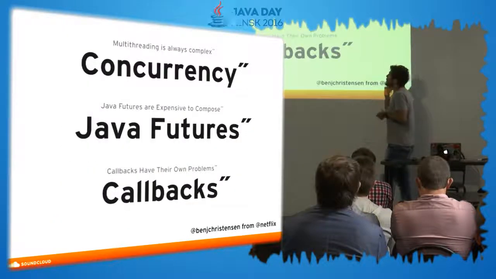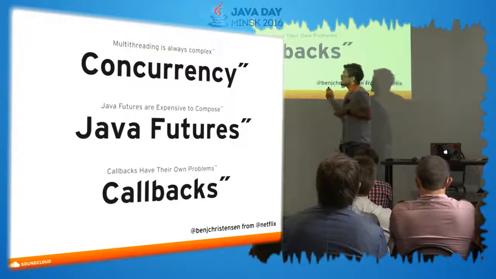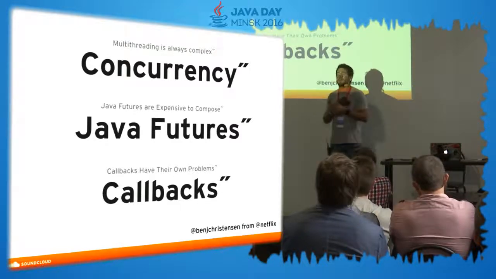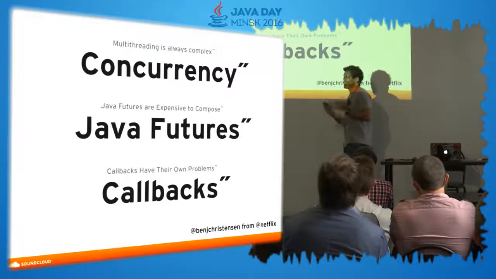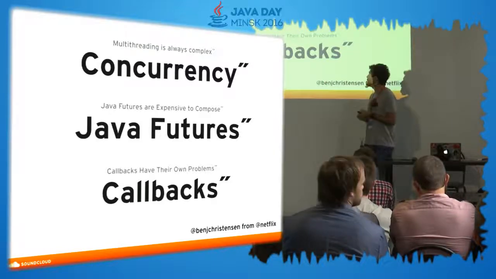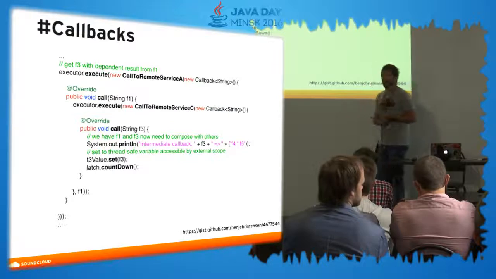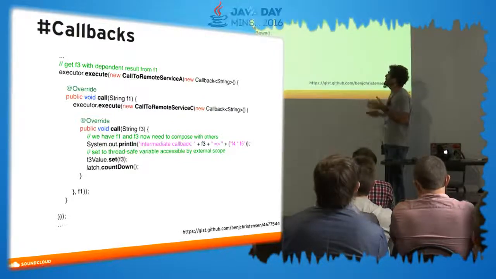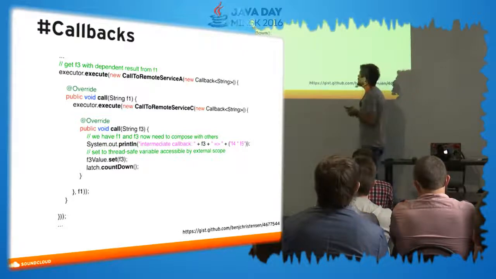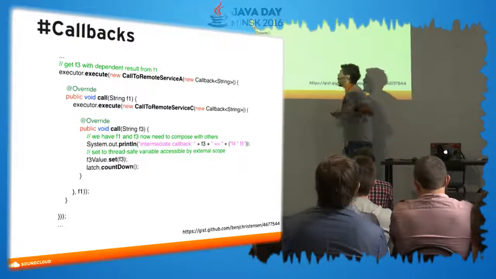So again, we have to deal with this. We have a lot of problems with code readability. There's no simple solution when it comes to multi-threading and synchronization. We can rely on callbacks as well, right? So here, this is a nested callbacks API call.